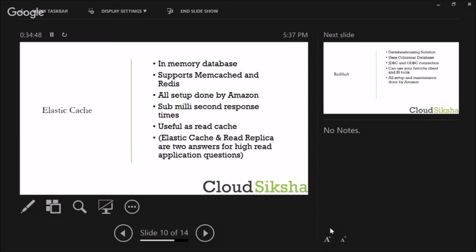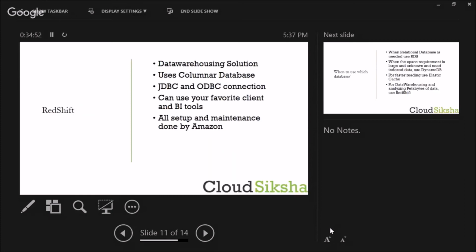The other type of database that is supported is the database for data warehousing. Amazon has this data warehousing solution called Redshift. Redshift stores petabytes of data, and it has multiple nodes. It's a cluster sort of thing, and you run your data warehousing database in that cluster.